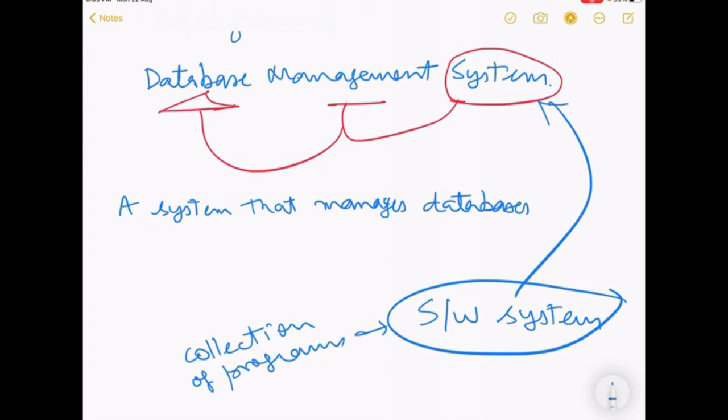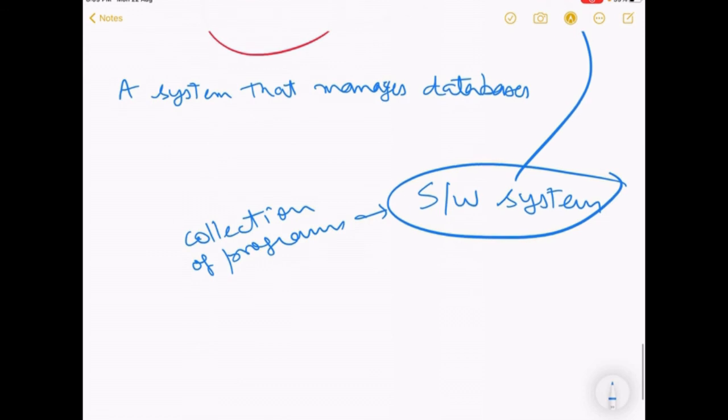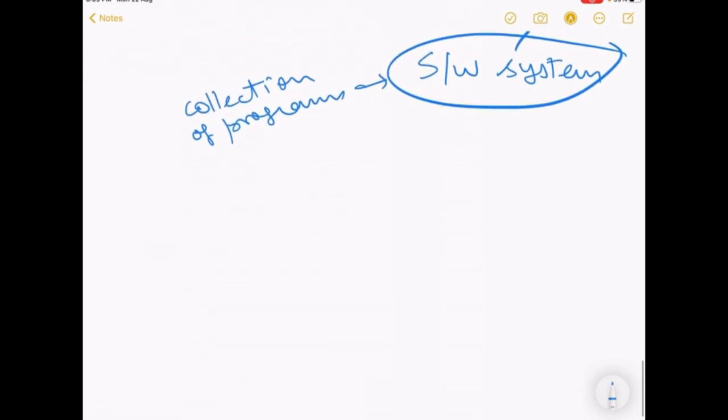So this database management system is complex software, it has many programs, and the programs are also related to each other. The database management system creates a database, manages the database, inserts data in the database, and retrieves data from the database. All those related operations are performed by the database management system.